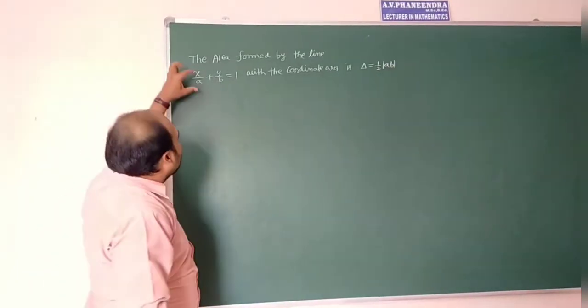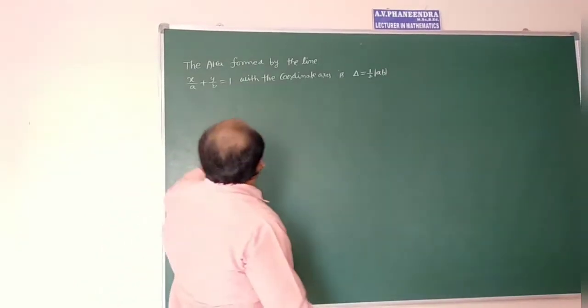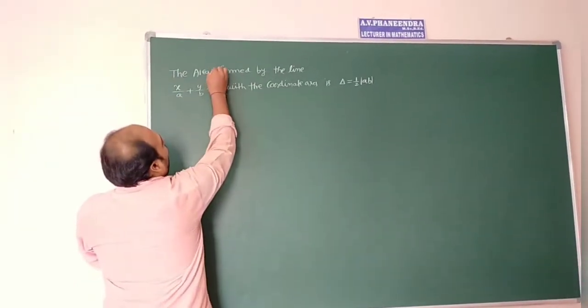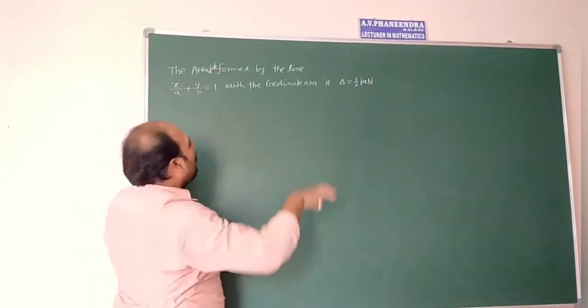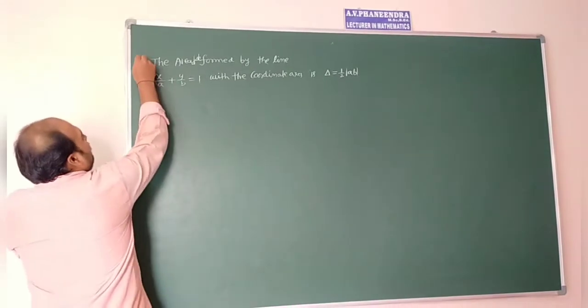When the line is in the form of x by a plus y by b equal to 1, the area of the triangle formed by the line with the coordinate axes is half mod AB.